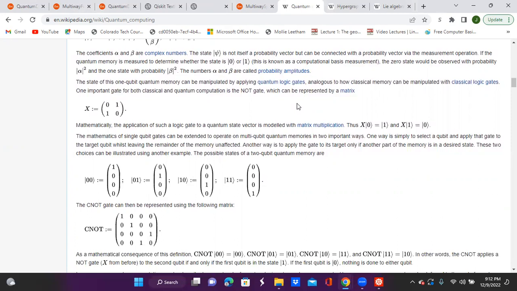The 0 state would be observed with probability absolute value of alpha squared, and the 1 state with probability absolute value of beta squared. The numbers alpha and beta are called probability amplitudes.